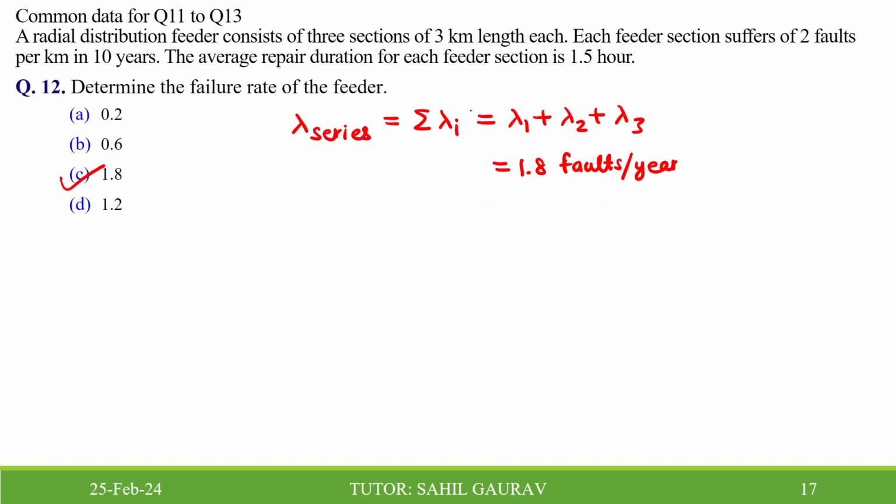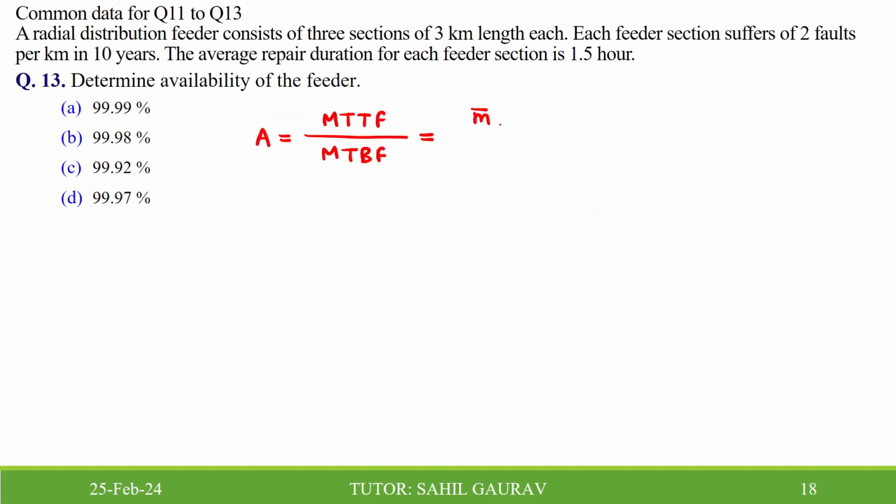So here we take it as a series connection. So m bar series plus r bar series, that is, average failure duration plus average repair duration.